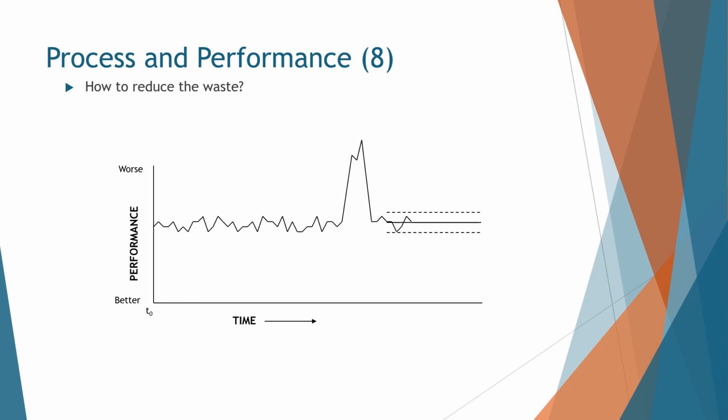How to reduce waste. Ideally, in the world of Lean Six Sigma, you want to only produce 3.4 defects out of 1 million opportunities. And that's only achieved by removing the waste, the error, and the mistakes.